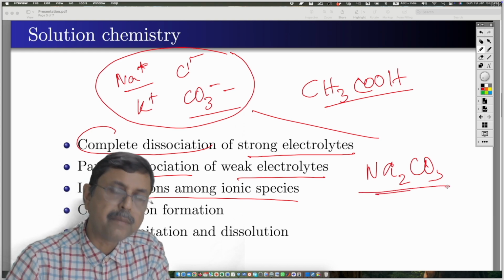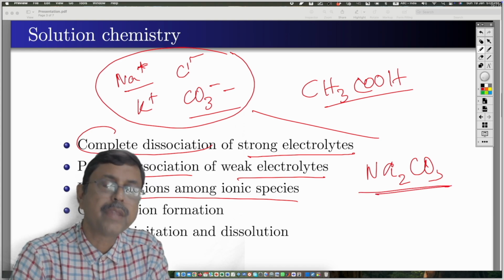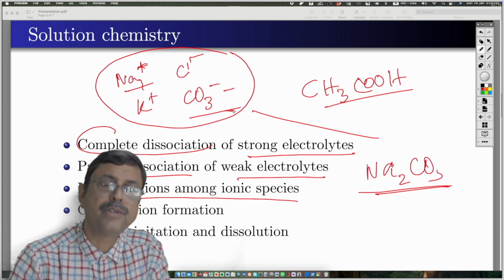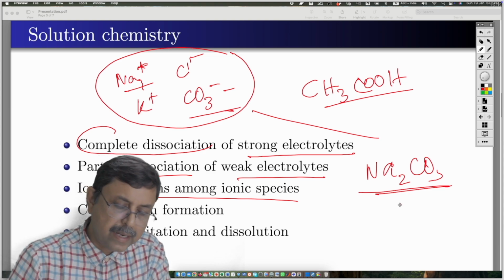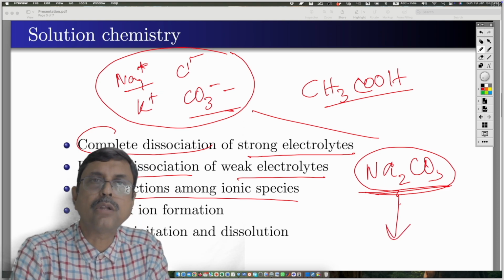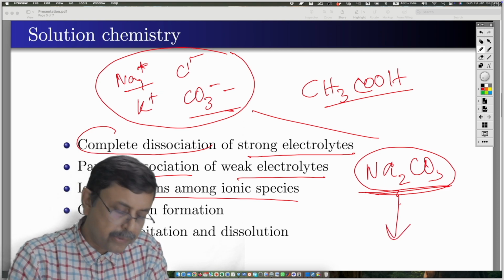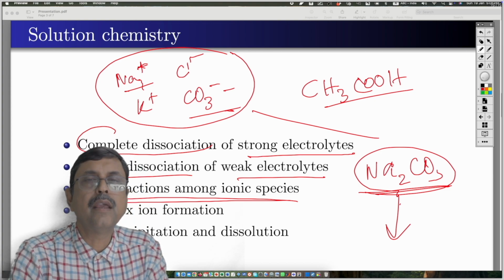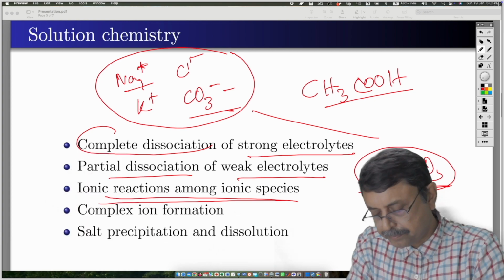Okay, sodium carbonate is produced. If we have excess of sodium ion and carbonate ion in the solution, after some time you will find some sodium carbonate salt will get precipitated at the bottom of the solution. So this ionic reaction among ionic species also is a property in an electrolyte system.